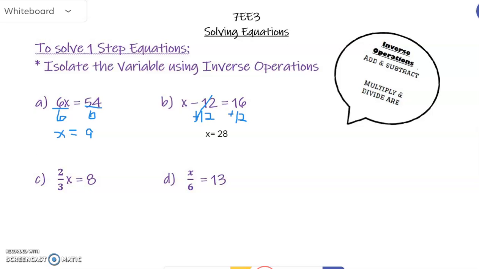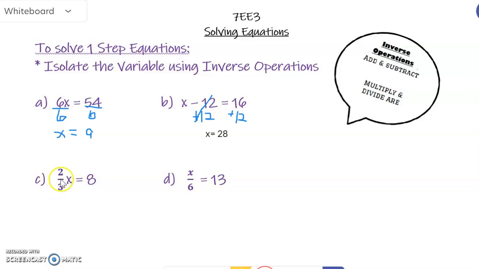Alright. Then if you take a look at this 2/3 times x equals 8, well, what's being done to x? It's being multiplied by 2/3. Now normally we would divide by the number multiplying x, but in this case it is a fraction, and we don't divide by fractions.